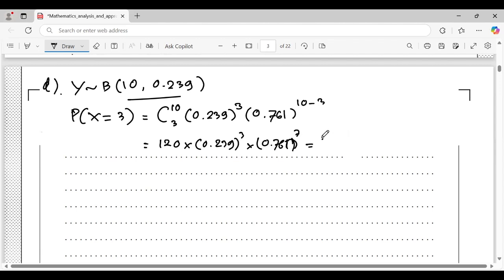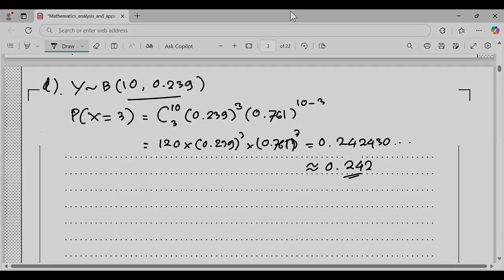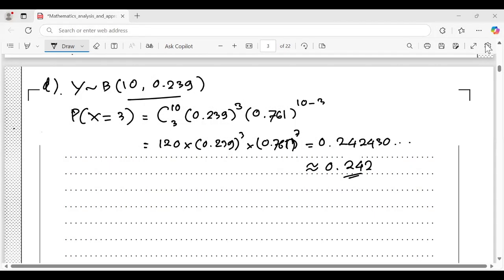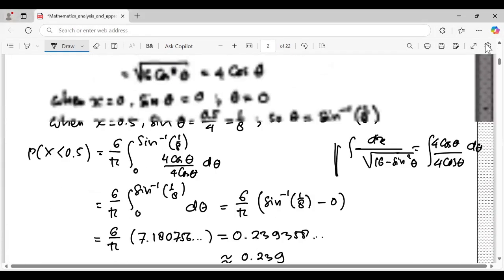If you calculate, the result is 0.242430, rounded off to 0.242. Next question.